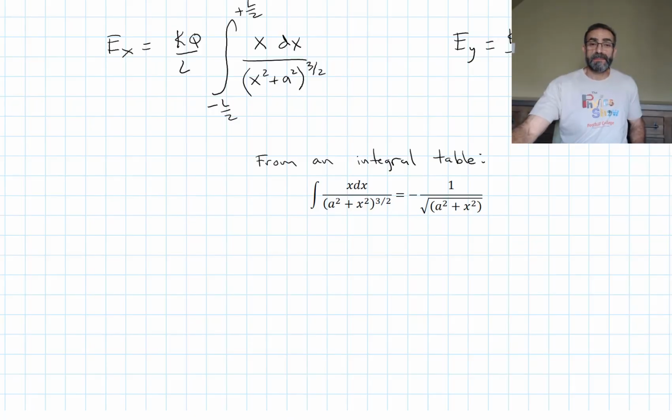Let's do our x component first. From an integral table, the back of the textbook probably has an integral table. You could look up some integrals like this. The formula sheet has it.